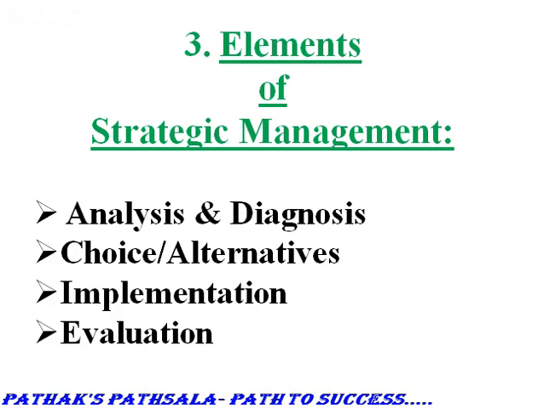The fourth element, evaluation, involves review of results after implementation of the strategy and future possibilities. It involves determining whether the strategy is working as per our desired objectives or some necessary modifications are required.